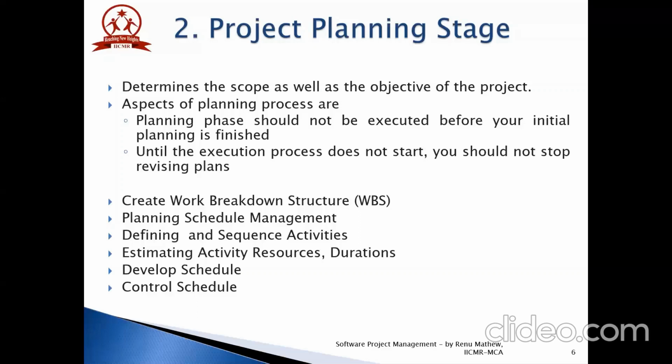To estimate activity duration, you need as inputs activity list, activity attributes, resource calendars, project scope statement, organizational process assets, and enterprise environmental factors. As an output, the manager will come up with PERT, that is Project Evaluation and Review Techniques estimates.